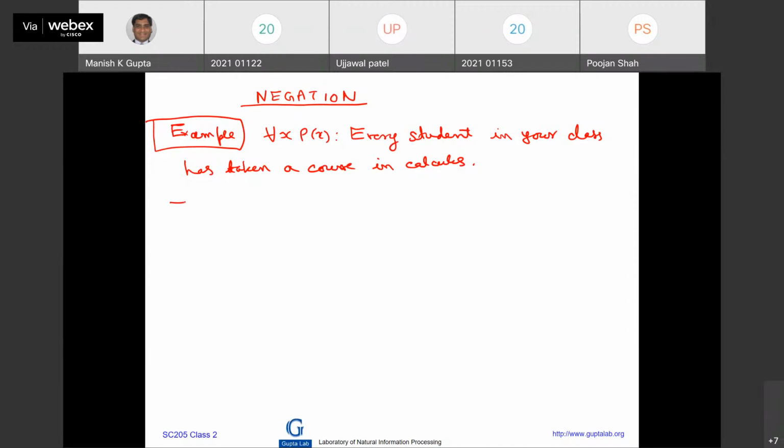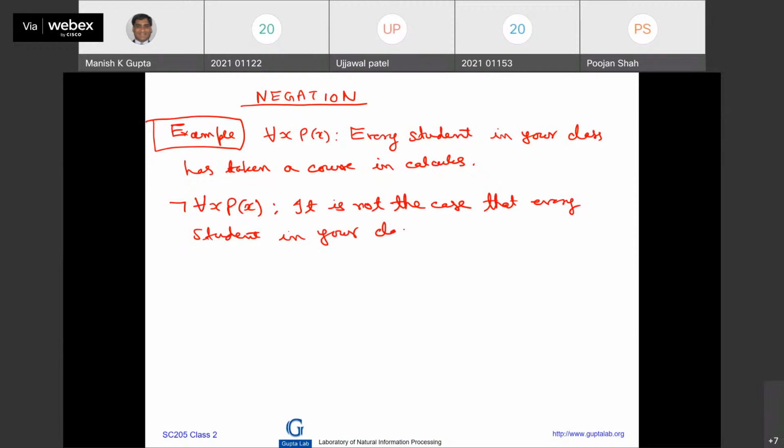Now, if you apply negation, not P(x), what does that mean? It is not the case that every student in your class has taken a course in calculus.